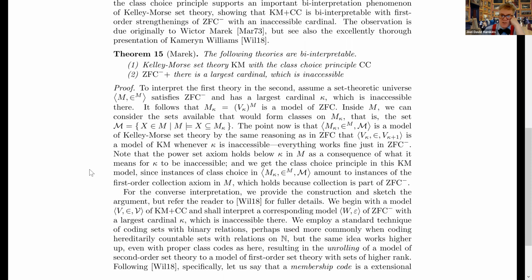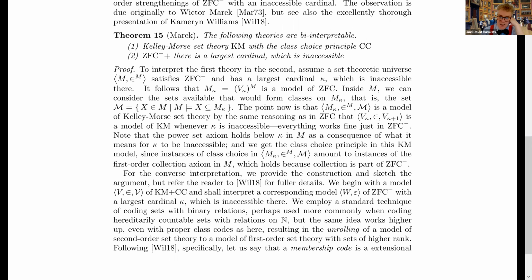The unrolling construction is you take the classes in the original Kelly-Morse model and you think of them as representing a set in this ZFC minus model, which is going to be taller than the ordinals.